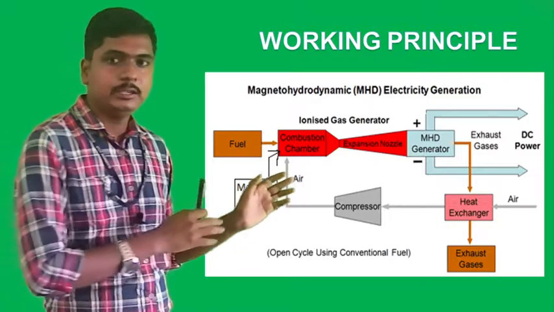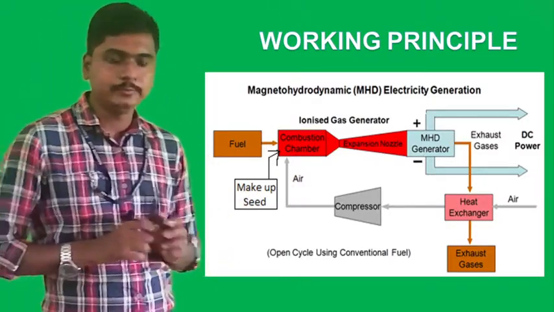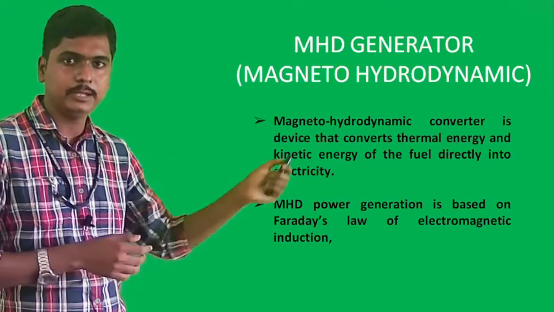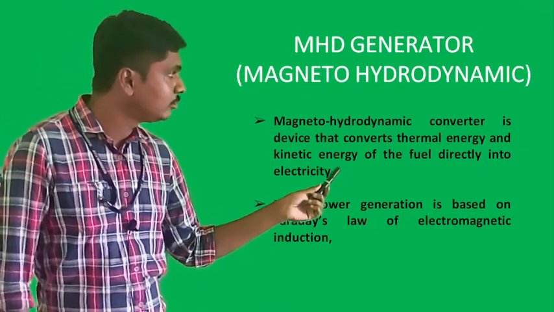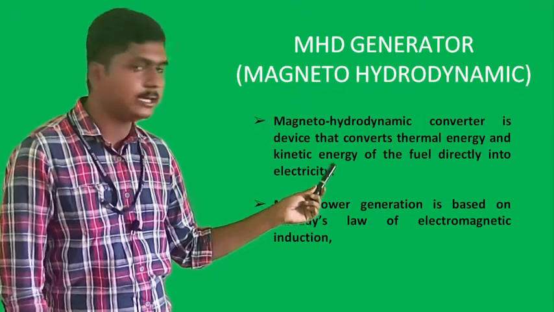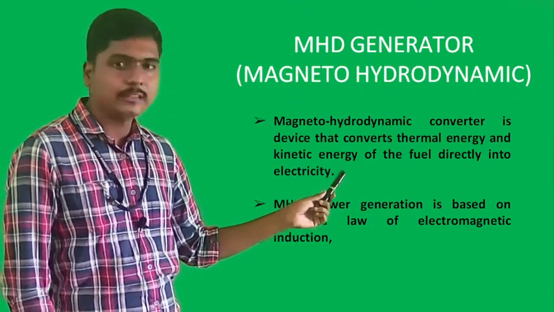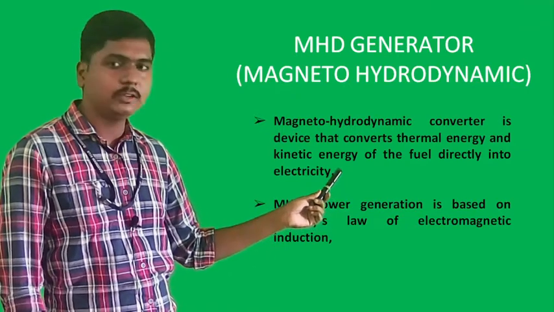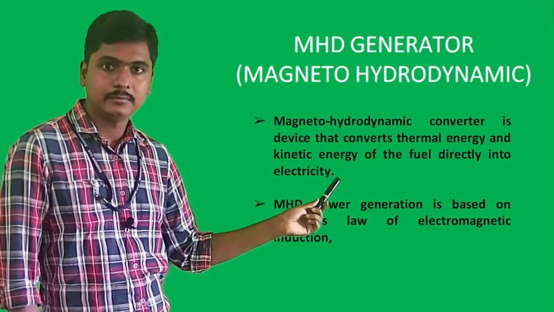Now in the definition part, I will just quickly revise. What do we mean by magneto-hydrodynamic generator? If you see the definition, a magneto-hydrodynamic generator is a device that converts the thermal energy as well as kinetic energy of the fuel directly into electricity.